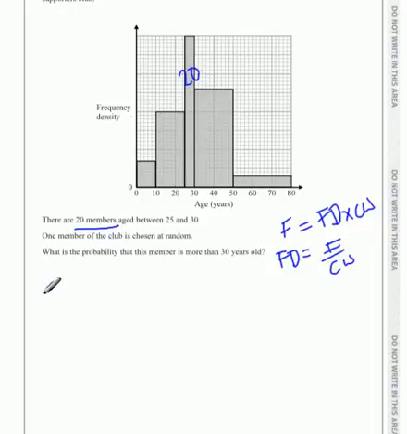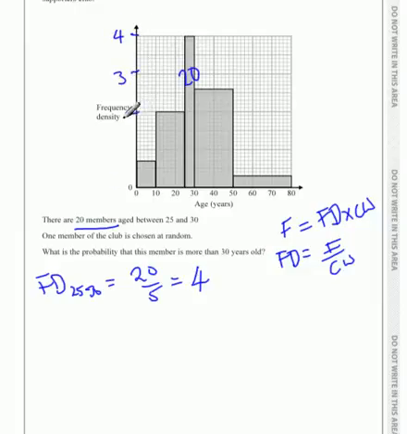So the frequency density for the 25 to 30 group is going to be 20 divided by 5 equals 4. So up here on our scale, we can put that as 4, and then we can fill in the other values on the scale, like so.